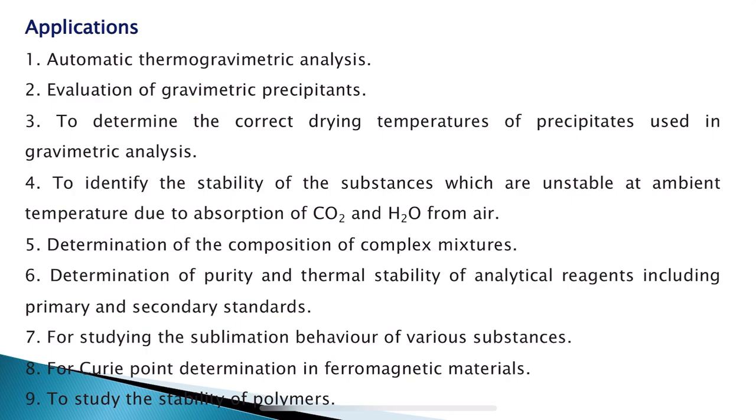But when they are kept outside in an open environment, they very quickly absorb moisture or carbon dioxide and their physical state changes from solid to gummy. Like this, certain substances are unstable at ambient temperature due to the absorption of carbon dioxide and water from air.